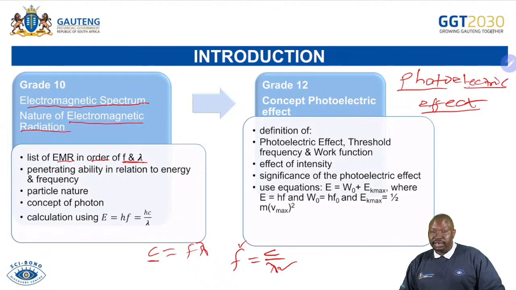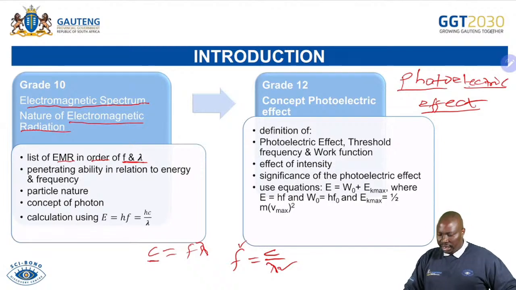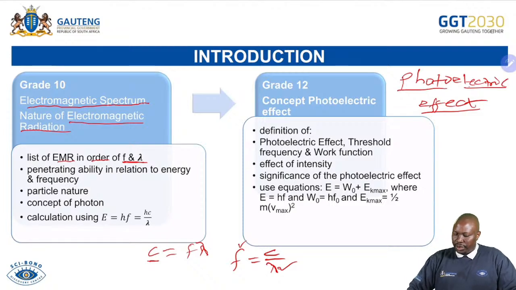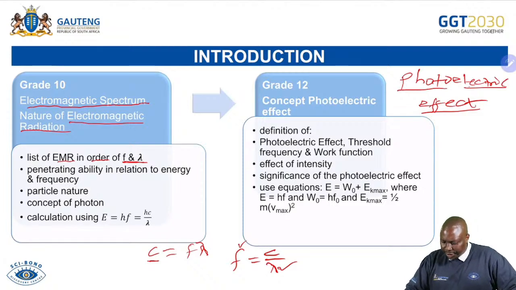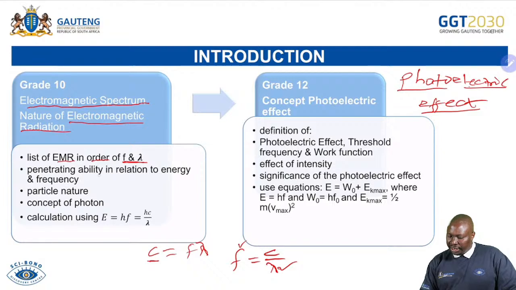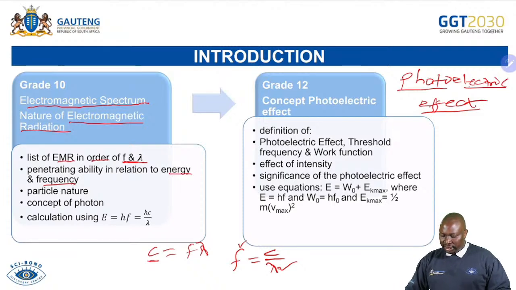This is something that we started in grade 10 and grade 11, when we were doing electromagnetic radiation, looking at the penetrating ability in relation to energy and frequency. And when we're dealing with light here, it is the particle nature of light.